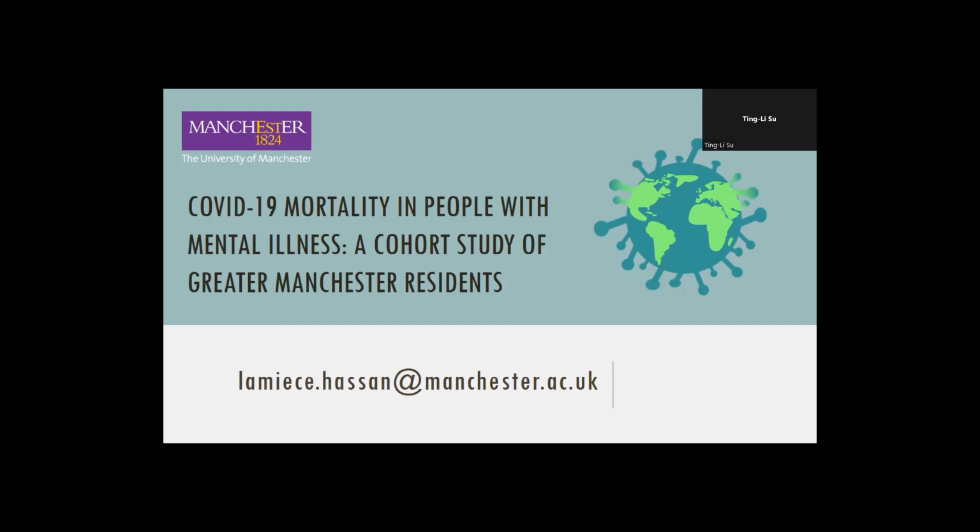But it could be that people with mental illness are more likely to be in conditions more germane to becoming infected with COVID, so living in closer spaces, not being able to isolate, having to go to work in conditions that are perhaps less than ideal. So I think it's a cluster of things, and we managed to measure some of that, but not everything.